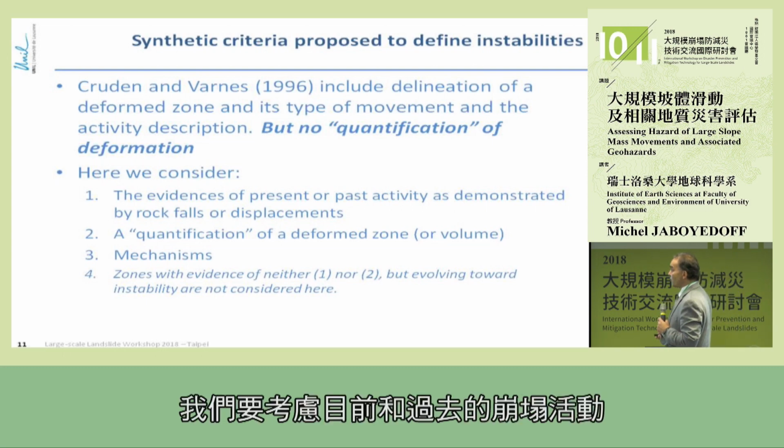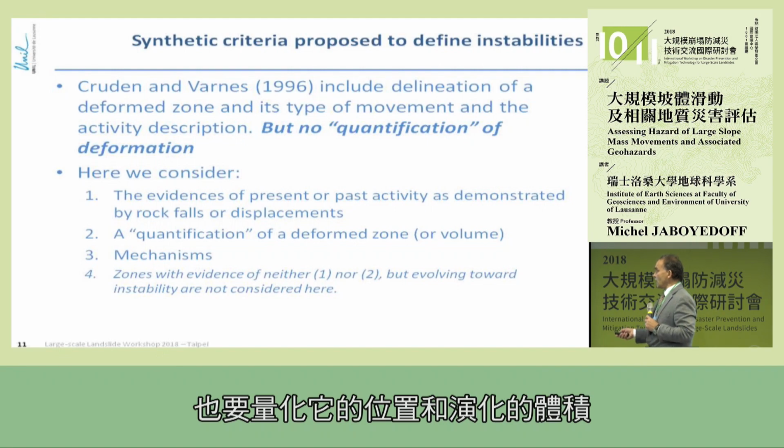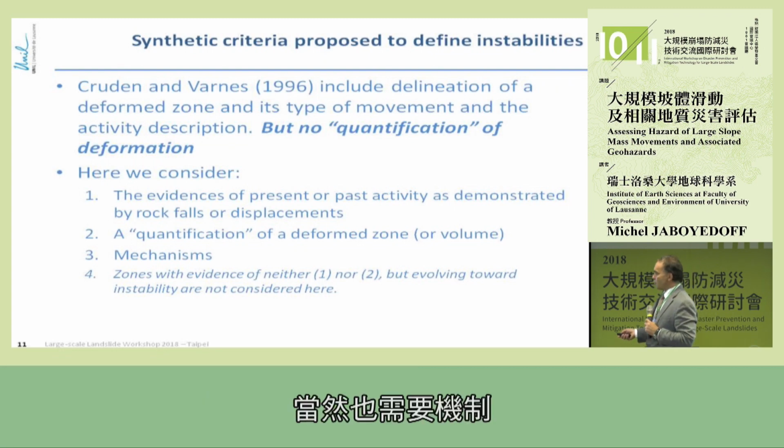Here what we will do is to consider the present and past activity of the landslide, and also looking at the rockfall or the displacement. We also need to quantify where it's located and the volume it is involving. And for sure the mechanism is necessary.